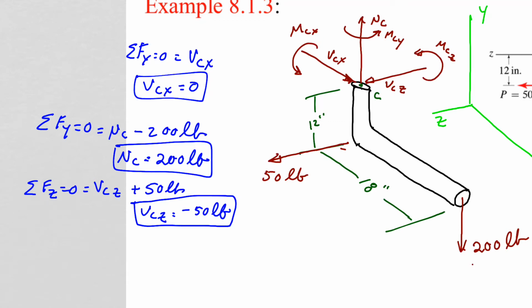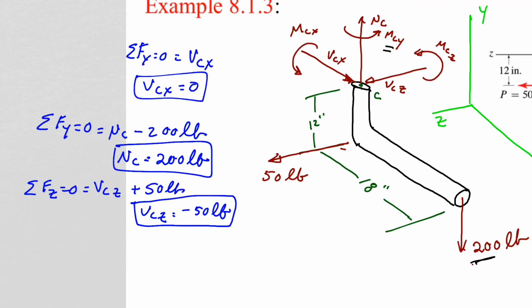Okay, all that I have remaining now is to solve for my moments. And I'm going to look to see if I can solve for this MCY, which is this twisting action around the shaft itself. If I look at it, this 200-pound force does not cause a twisting action around that. It is parallel to that y-axis at that location.